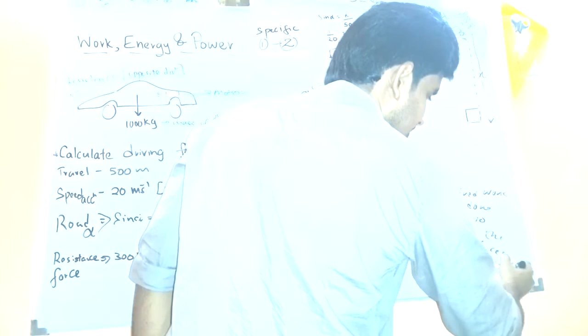Fr times the distance, and let's call that distance d, because later we will put the values. Resisting force multiplied by distance, because force multiplied by distance gives you the required work to be done in order to overcome that resisting force, right?